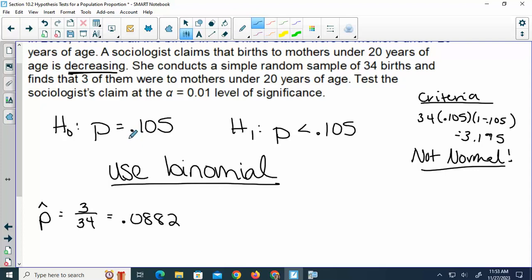But we need to see, is it enough smaller that we would consider it significant? We need to test. Is the probability of this happening less than 1%?